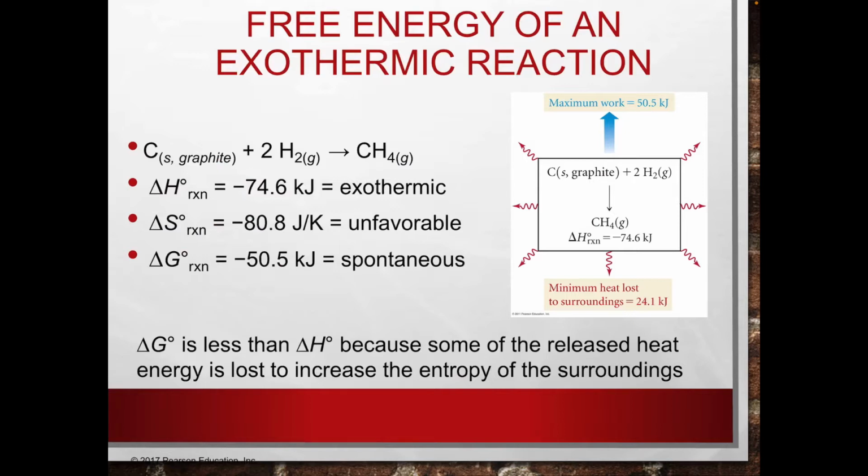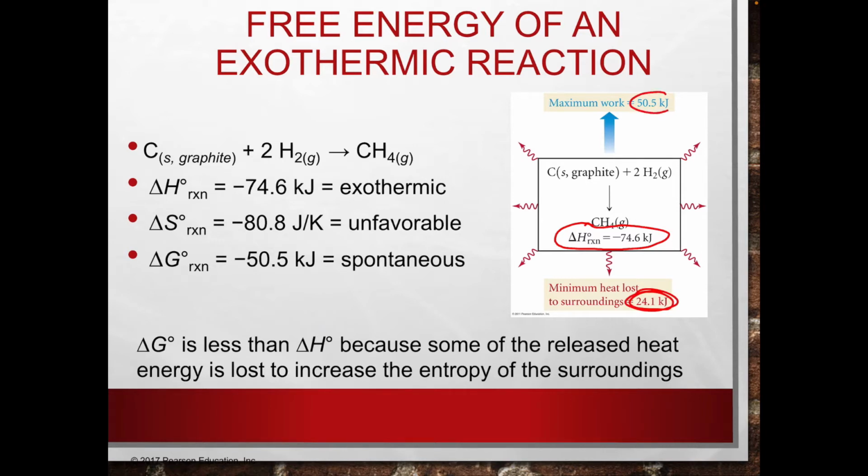But overall, we have a spontaneous reaction because we can calculate it using delta G equals delta H minus T delta S, and it will still come out as spontaneous. But if we look at what's happening, we have an exothermic reaction, but some of our energy is being lost as heat to the surroundings.